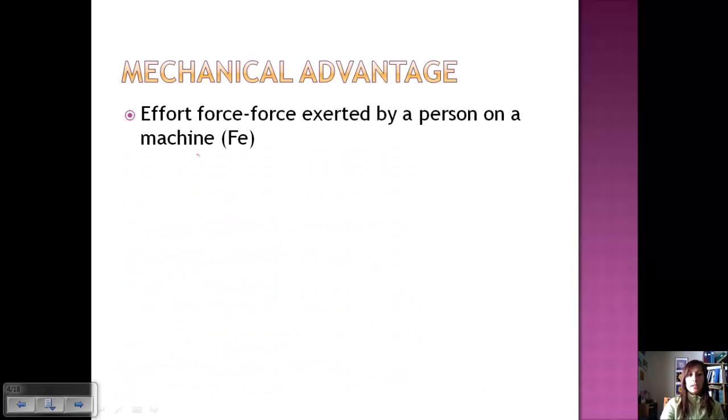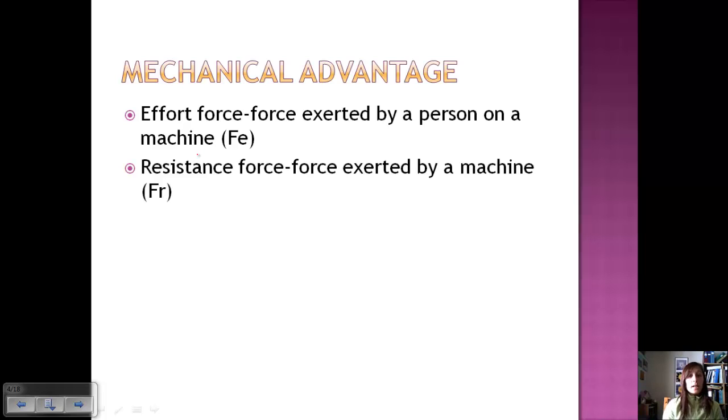So let's talk about mechanical advantage. Well, we have what's called an effort force, which is the force exerted by the person on the machine. So if you're pulling on a pulley or pushing down on a lever or anything like that.